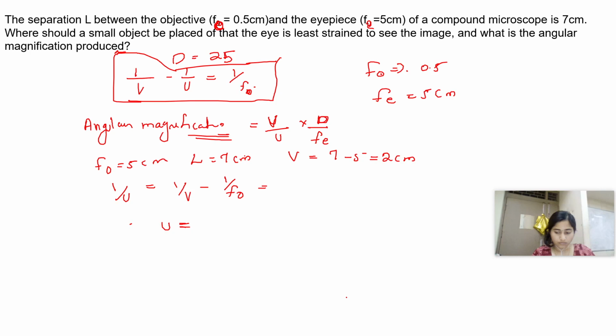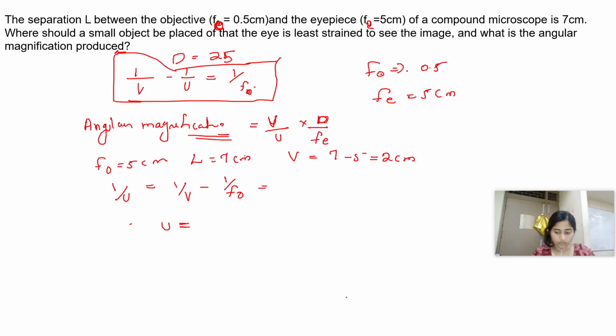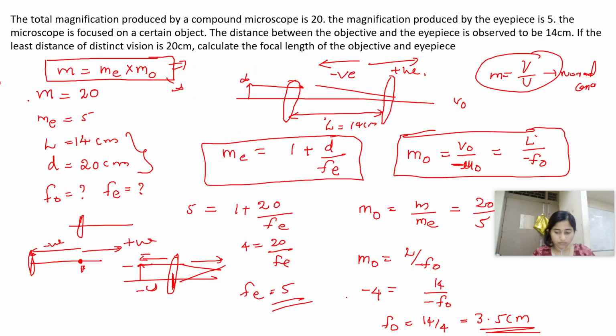It will depend on the d value, the least distance, as well as v by u0 and the focal length, also for a simple microscope. Each system is different. For a compound microscope, we know MO and ME, and we have to use angular magnification.